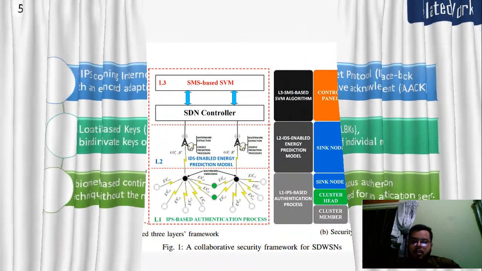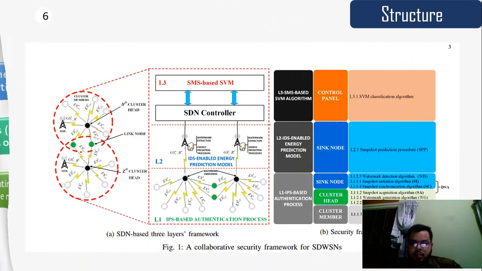Here is the main structure of today's topic, and it has mainly three parts. First is the IPS based authentication process, and it has three different modules: sync node, cluster head, and cluster member. In the second part, it has the IPS enabled energy prediction model.